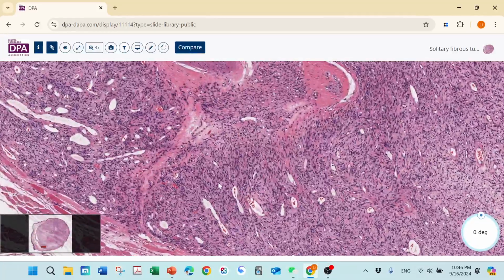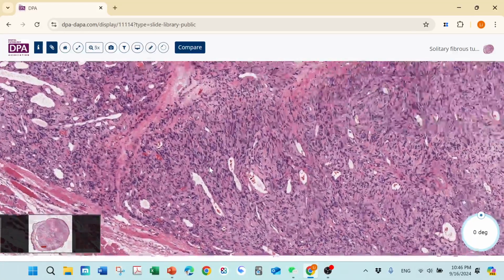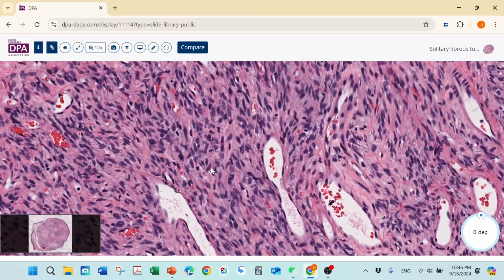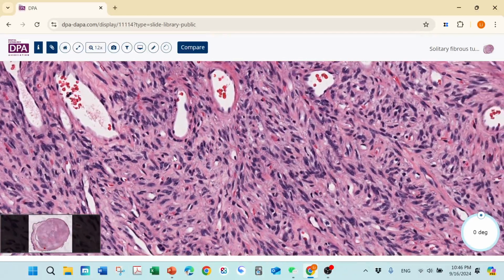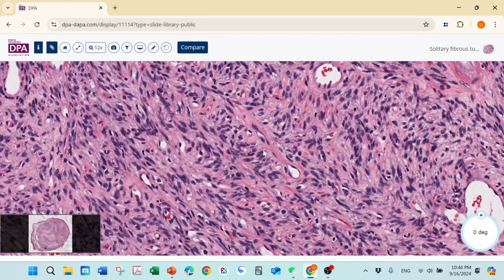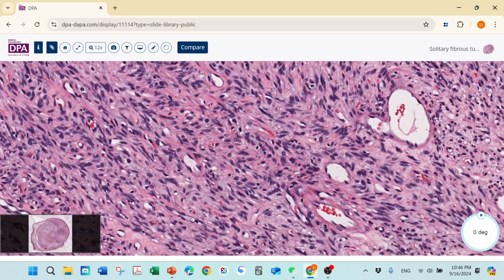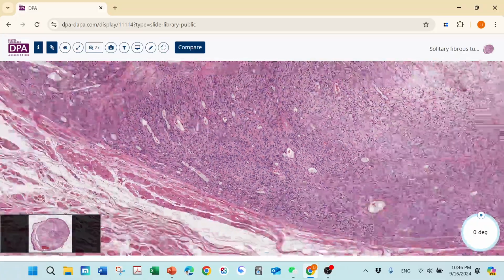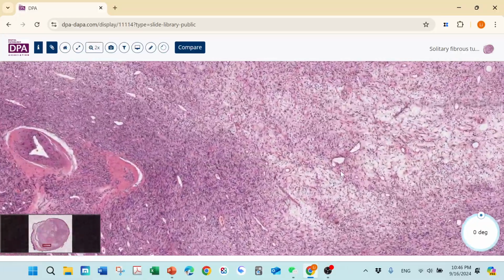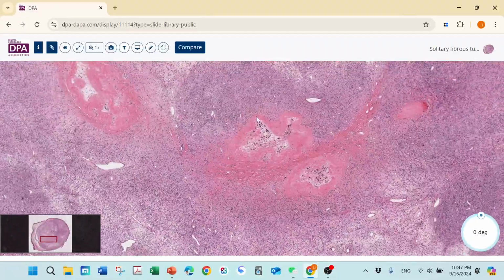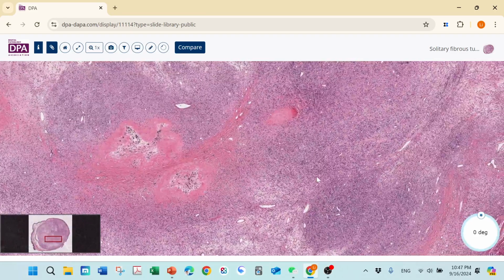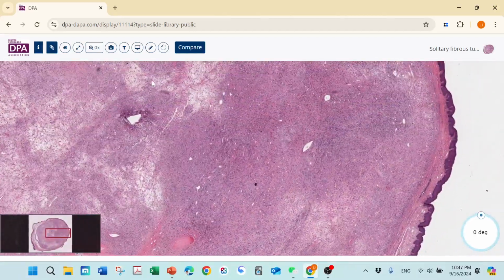Between this vessel we can see this haphazard growth of monotonous tumor cell because of the fusion. See, they just do not form any vesicle, any whirling, any herringbone. They just grow everywhere in different directions, these spindle cells. And then some edematous area is characteristic, and some sclerotic area. So this is SFT.